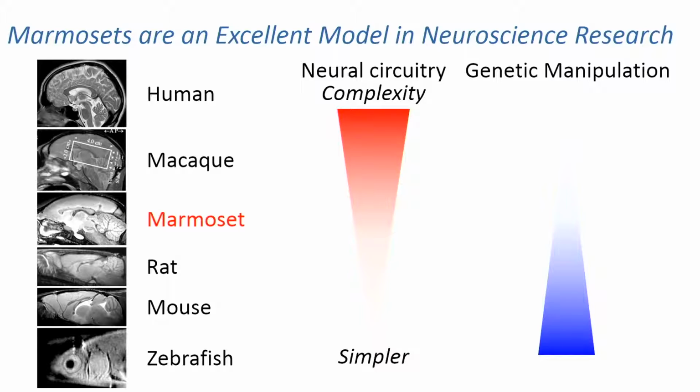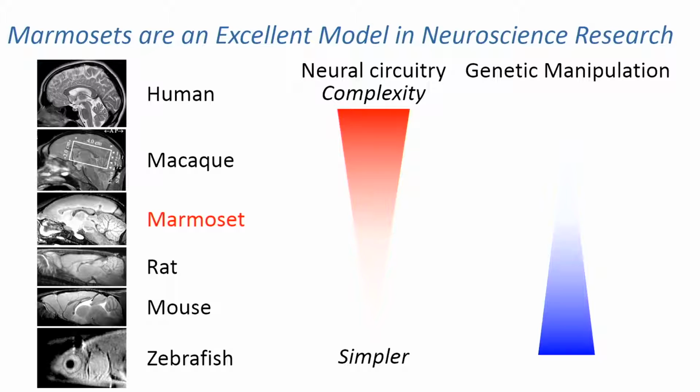But the marmoset as an experimental model also resides in a very important and privileged site, because it's situated right in between, in terms of neurocircuitry complexity, simpler animals such as the zebrafish and mouse, where the development of genetic techniques has been so well established that you can learn everything from the genetic point of view from these animals.